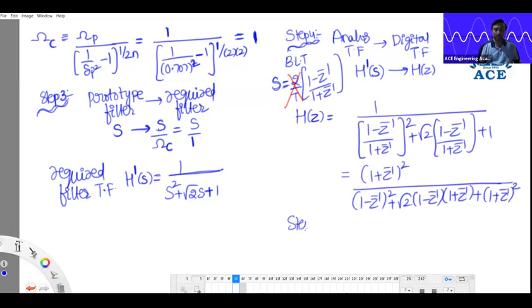Last step we know, if you simplify the transfer function, structure means we can go for direct form 2 structure, canonical. It is second order. Direct form 2 structure we can use, sir. This is a simple problem. I have chosen such that we got order as second order, sir.